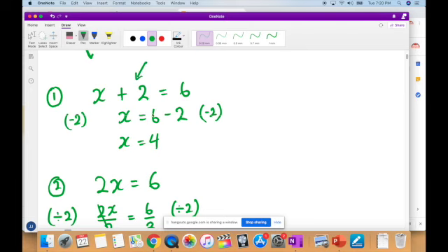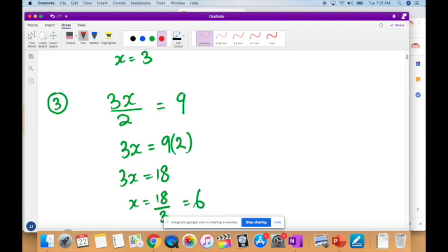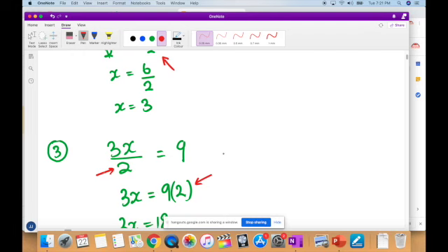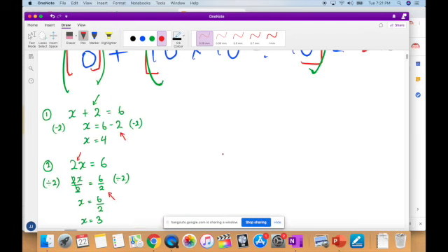Alright? So the whole point of this is, when you're transposing something that's an addition, it will become a subtraction. If you are transposing something that is a multiplication, it will become a division. And if you are transposing something that is a division, it will become a multiplication. Everybody understand these concepts? Yeah. Right.